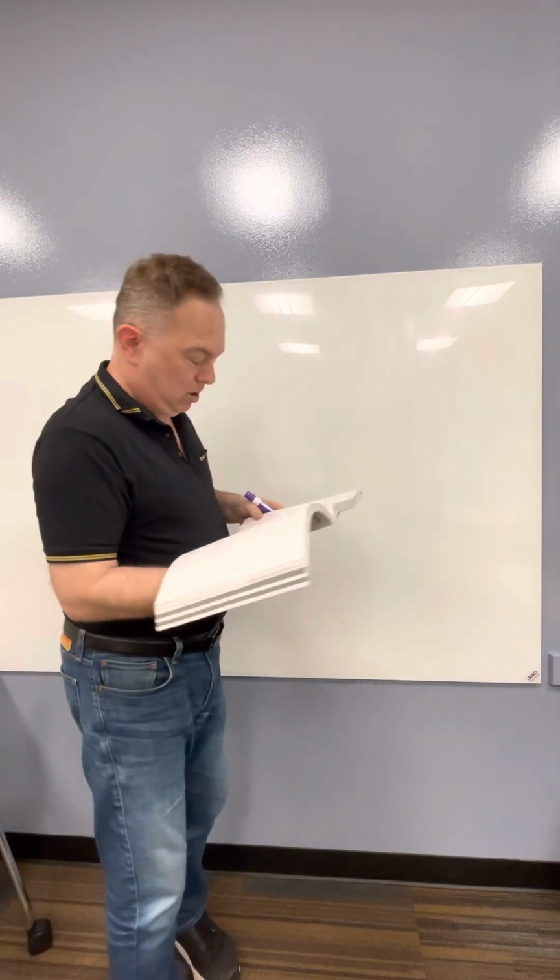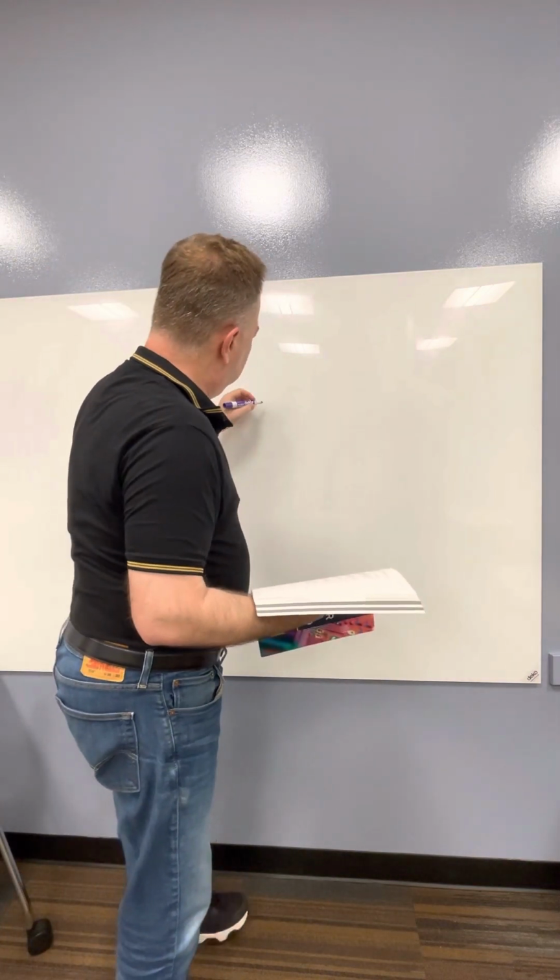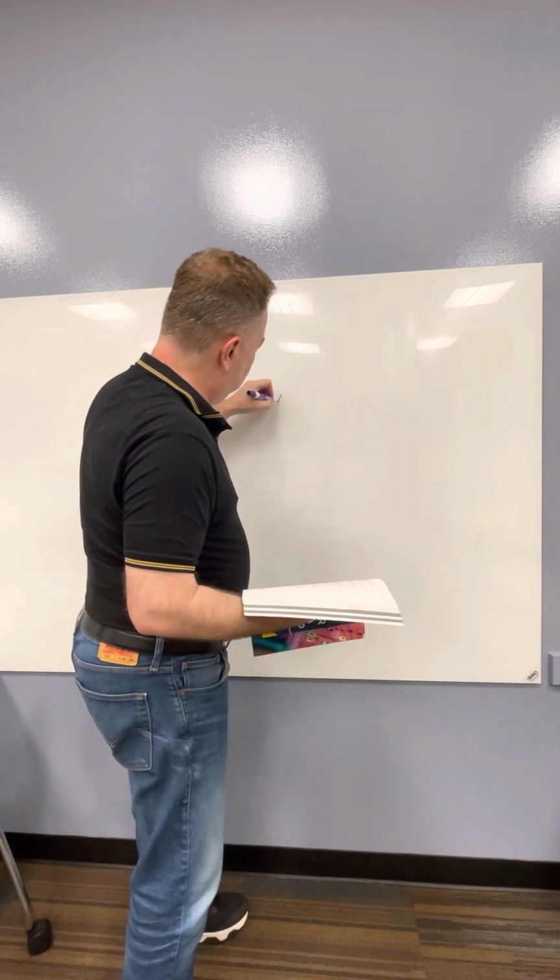All right, so what's it look like? Again, I'm going to follow the book. Well, declaring an array list is pretty simple.